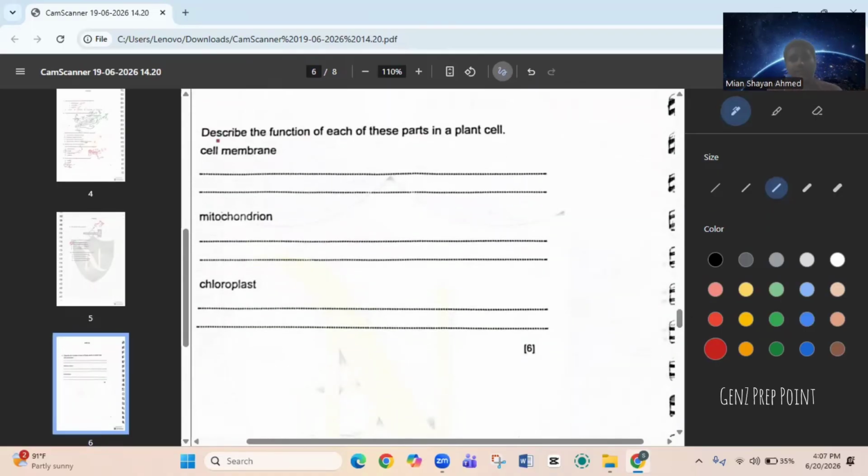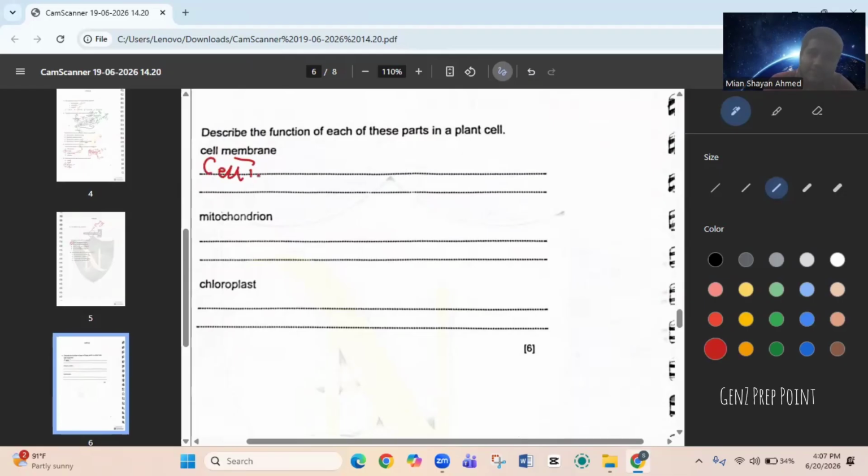If we move on, this is a theory section. Cell questions are pretty easy in the CI. They are not much difficult. So if we focus on this structure, the cell membrane. What is the definition of a cell membrane? Let's write with me.